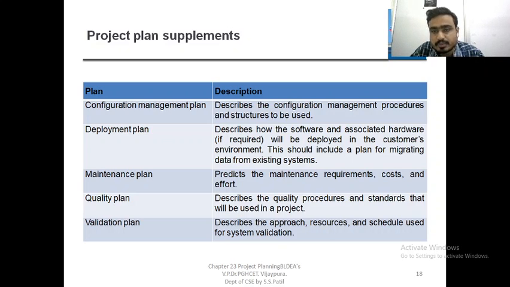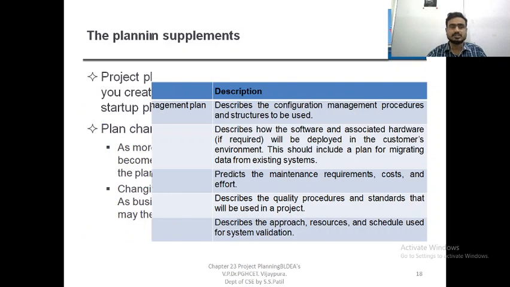This should include a plan for migrating the data from the existing system. The maintenance plan predicts the maintenance requirements, cost and effort. The quality plan describes the quality procedures and standards that will be used in the project. The validation plan describes the approach, resources and schedule used for validation.